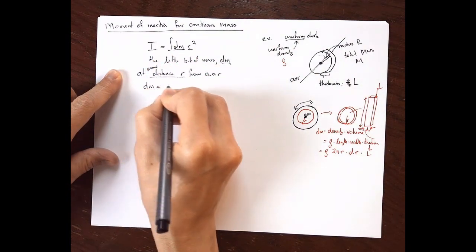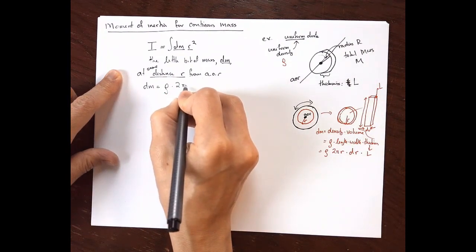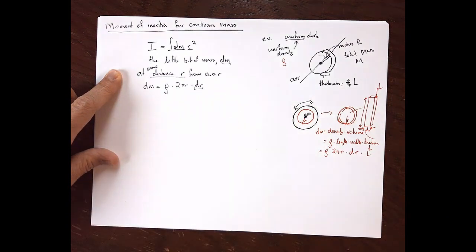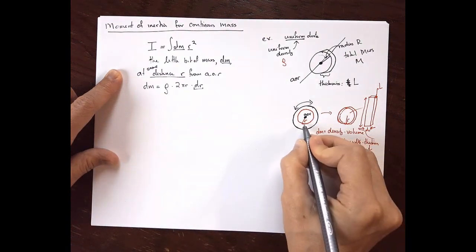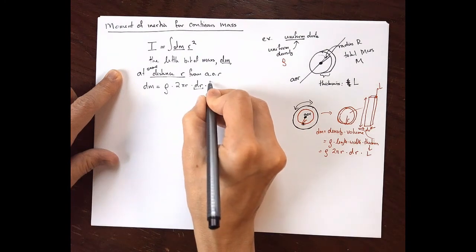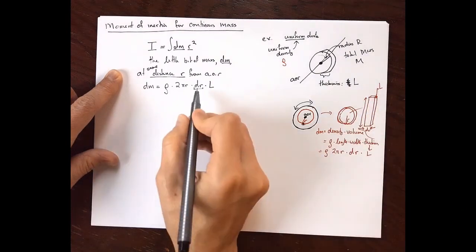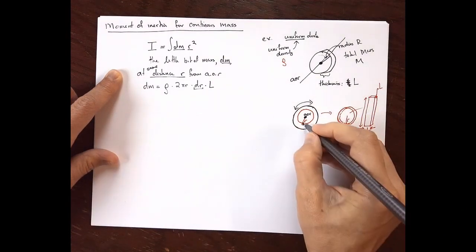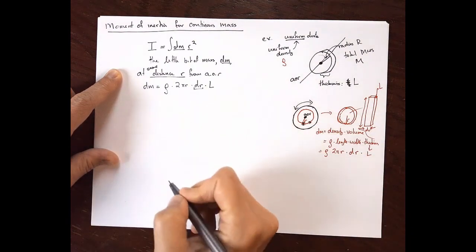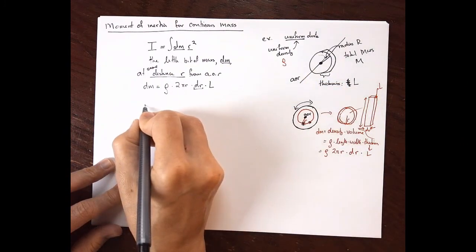That dm is equal to the density, rho, times the length, 2 pi r, times the width, which is our tiny bit of distance dr, times the thickness of the whole disk itself. Sorry, I should have said dr is the width of this little circle here, like this amount, right there. Okay, so now we've got that. Let's go ahead and figure out what the density rho is.